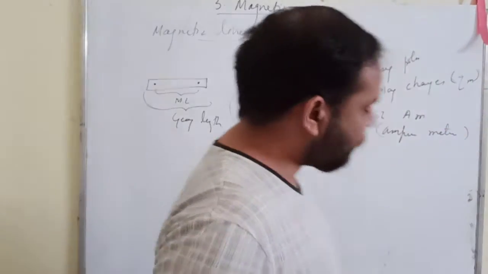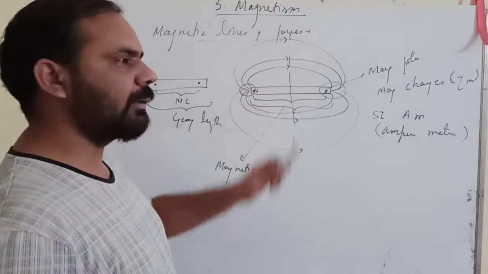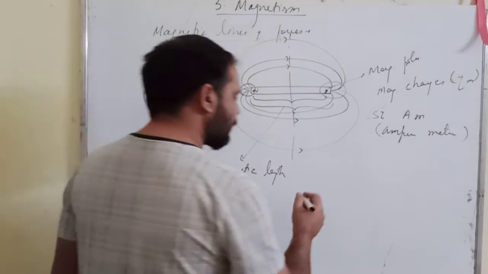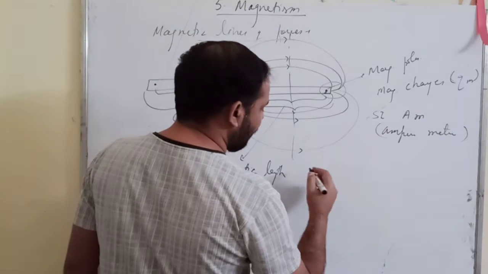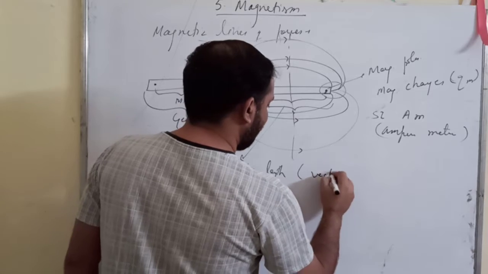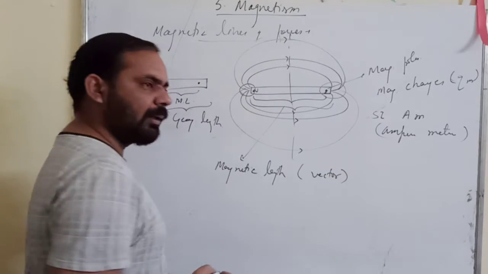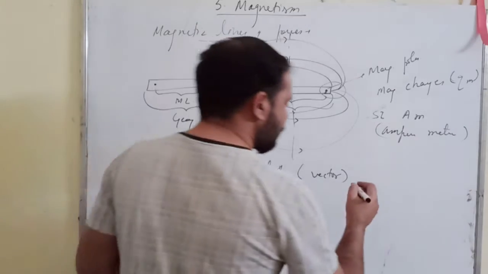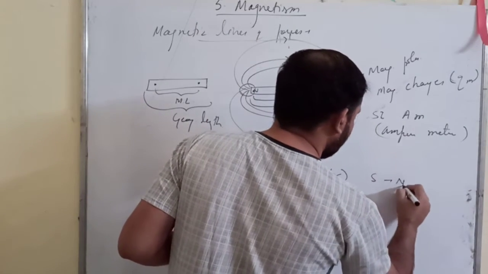This magnetic length, the gap between the magnetic poles, is a vector quantity, just like the length of the electric dipole. The direction is always from the south pole towards the north pole.